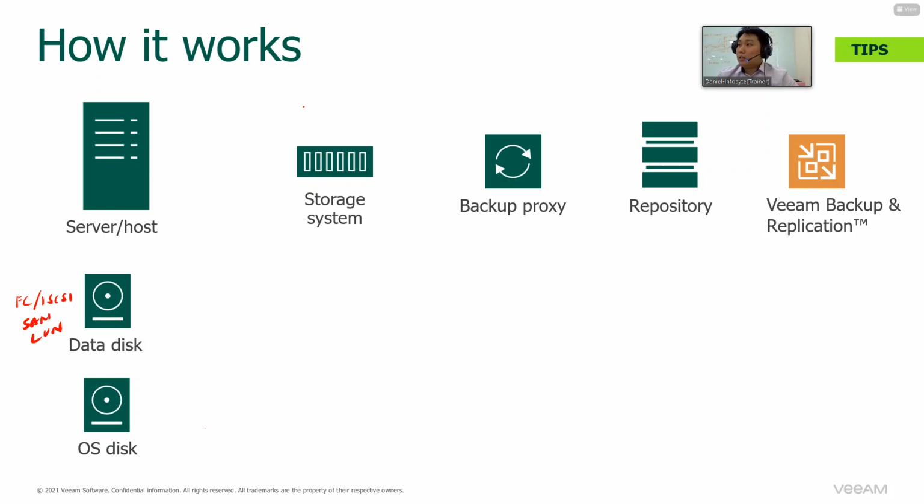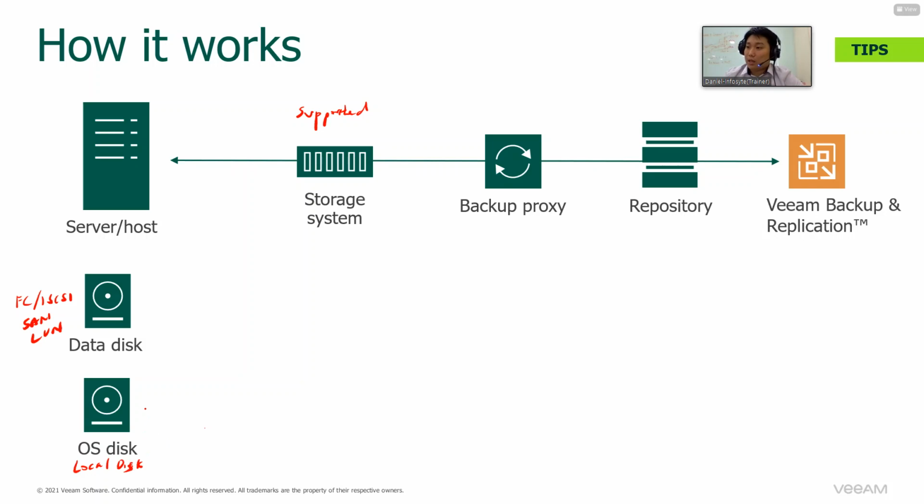These are the supported storage systems, either NetApp, HPE, Dell EMC, etc. There's a list of supported storage in the Veeam documentation. Now, when I am utilizing agent backup, I will utilize the agent over here for the local disk, for example.